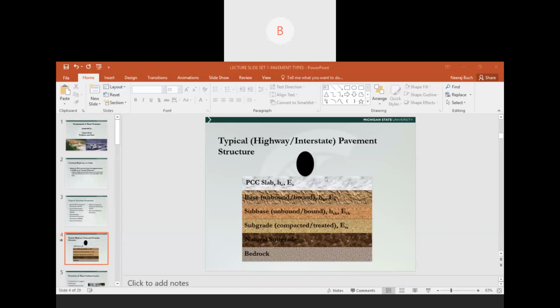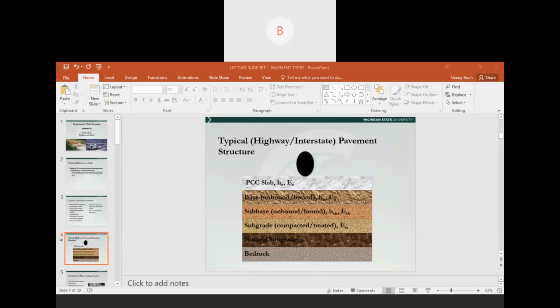And the third kind of stress that is induced in a concrete pavement is the friction that exists at this interface between the Portland cement concrete slab and the aggregate base. Because concrete, as the temperature changes, when it becomes hot or when it becomes cold, the slab will tend to either expand or contract.